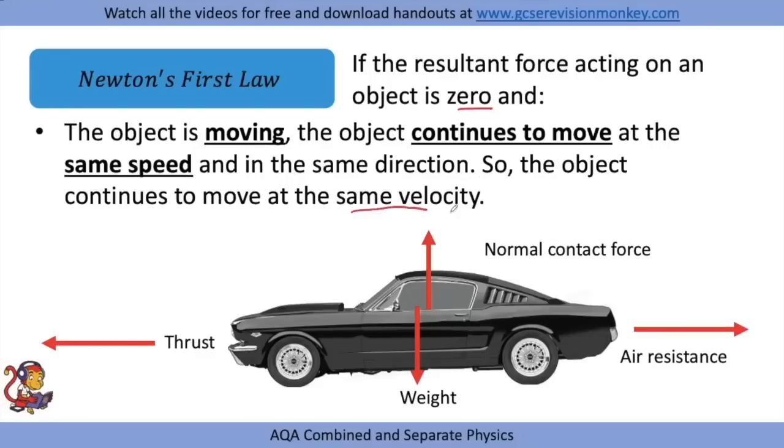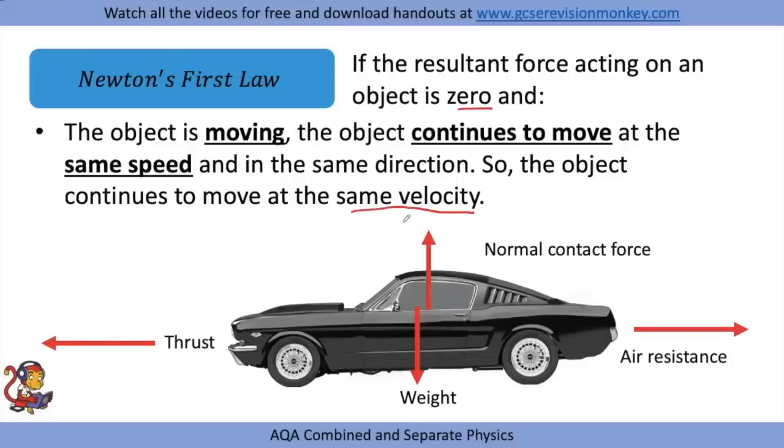Because velocity takes into account speed and direction, if the resultant force of this car is 0, because here we've got your normal contact force, your weight, and the thrust and the air resistance are balanced out, then the car is moving, and it has no resultant force, so the object will continue to move at the same velocity. So have a look very carefully to see whether the object is already stationary or whether it's already moving. Because if it's stationary and there's no resultant force, it will stay stationary. If the object's moving and there's no resultant force, it will just continue to move at the same velocity.